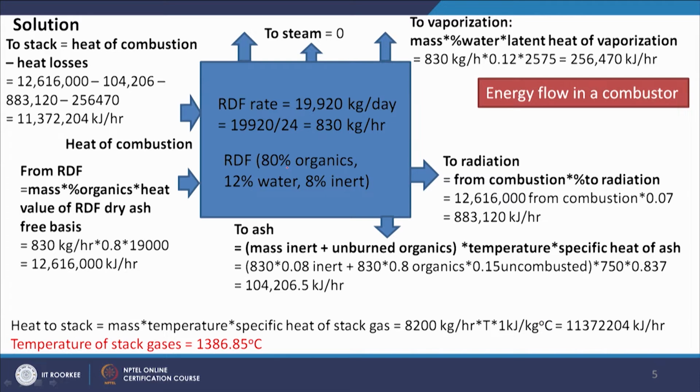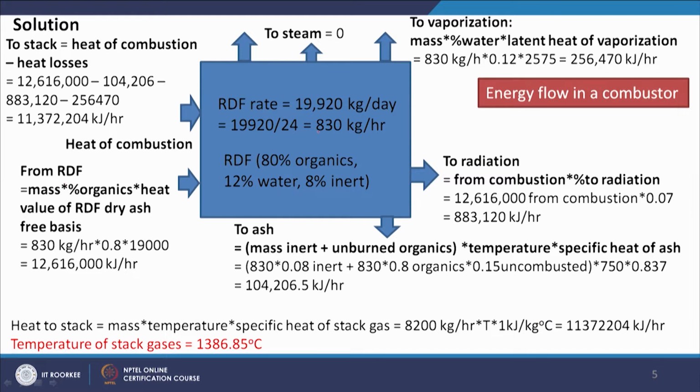But here the heating value is given with respect to dry ash-free basis. So, the 80% organic which is present will be the actual RDF mass which will give us the energy. So, mass of the RDF into percentage organics into heating value of RDF dry ash-free basis. That will be our heat generated through the combustion.